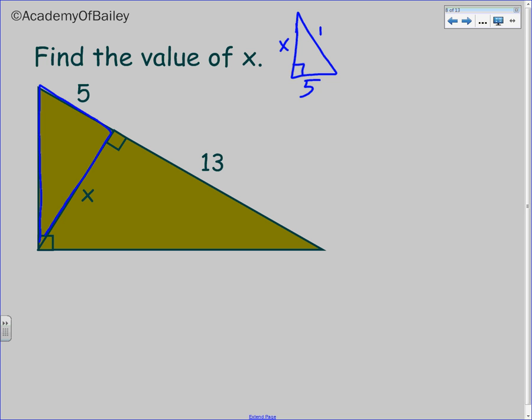The hypotenuse is right there, but we don't know the value of the hypotenuse, and we're probably not going to be working with the hypotenuse. And 13, okay, this is a triangle that's a little larger, this triangle here. So now we have, okay, 13 is the bottom.